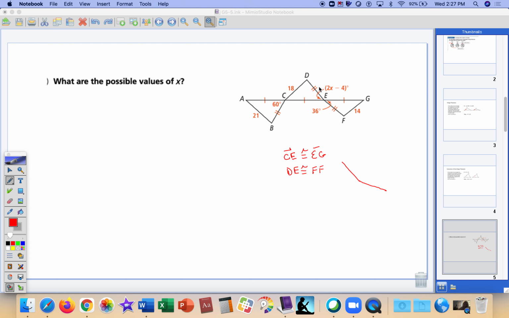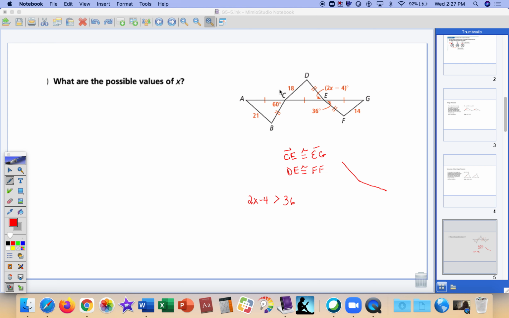So we've got those two congruent sides, so we have to look at the included angles and the opposite sides. If we look at the third side, 18 is larger than 14. So that means that 2x minus 4 has to be larger than 36.